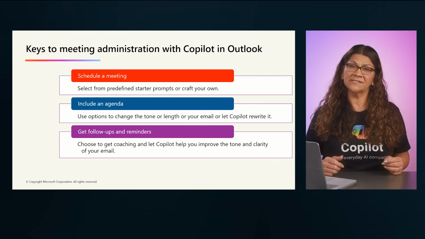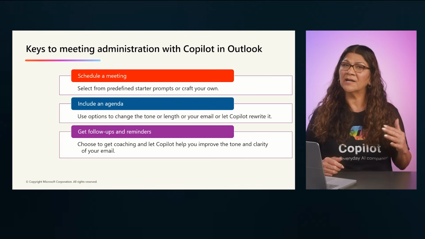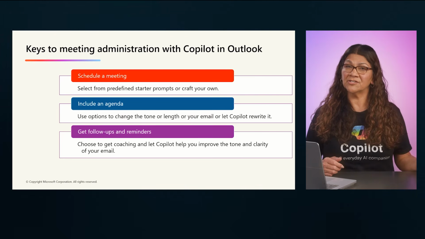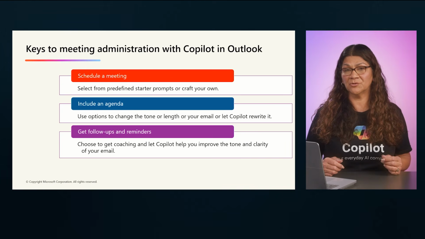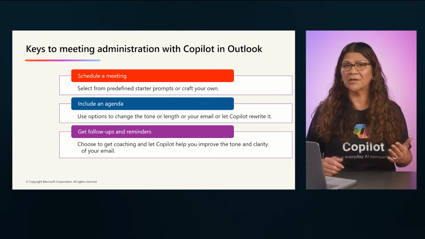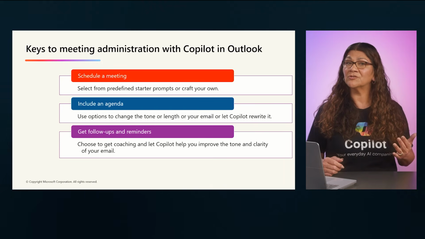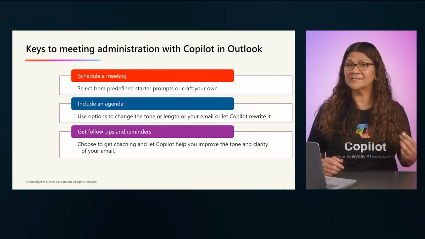For a real-world use case, imagine a project manager coordinating a cross-functional initiative after a long email discussion reaches a decision point. Instead of starting from scratch, they use Copilot with a prompt like, schedule a meeting with everyone in this thread to finalize next steps.